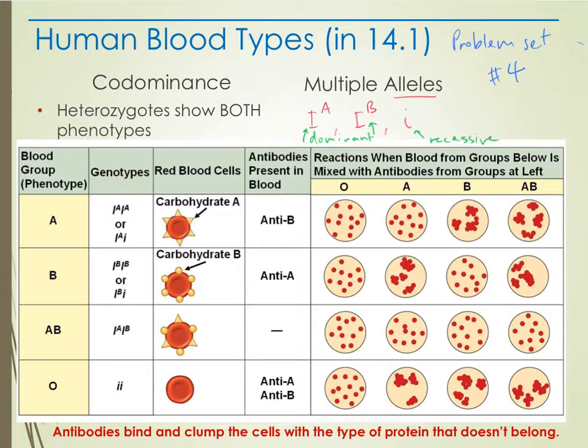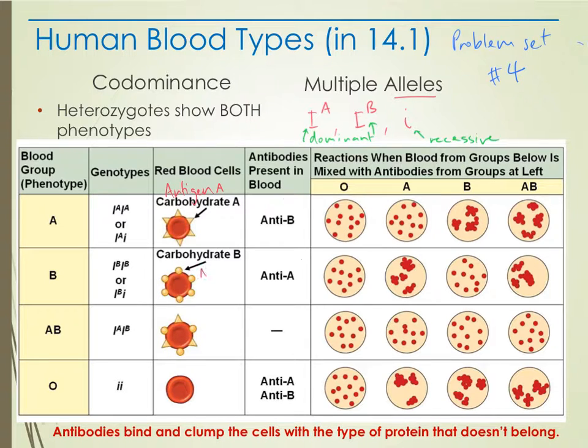So let's look at this chart here, this table. You can have 2 different genotypes for blood type A. What that means is if you have the allele IA, you're making this antigen. So this carbohydrate that's listed here is really an antigen. Antigen A is being made.